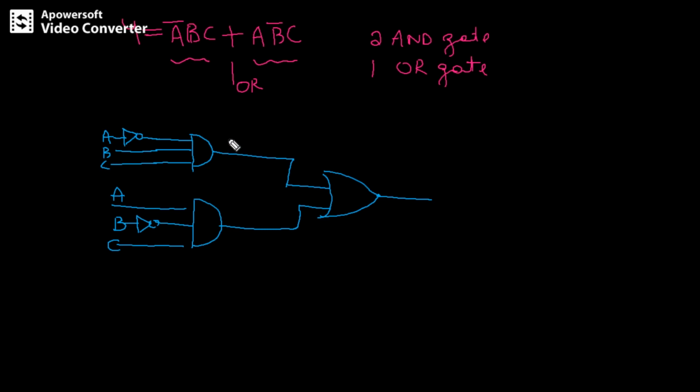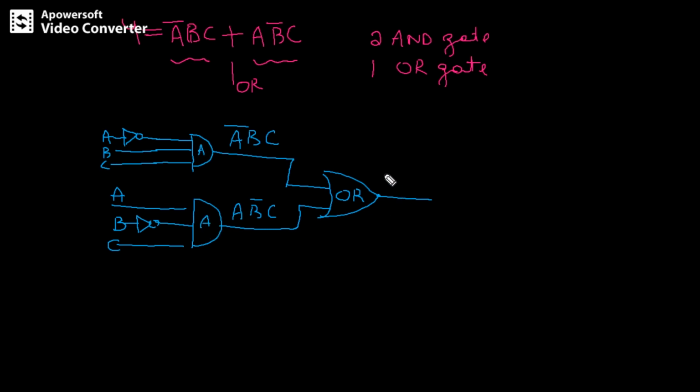So what is the output here? At this stage the output is A bar B C. What is the output here? Here it is A B bar C. And what is the output of this OR gate? This is the OR gate, this is an AND gate, this is also an AND gate.